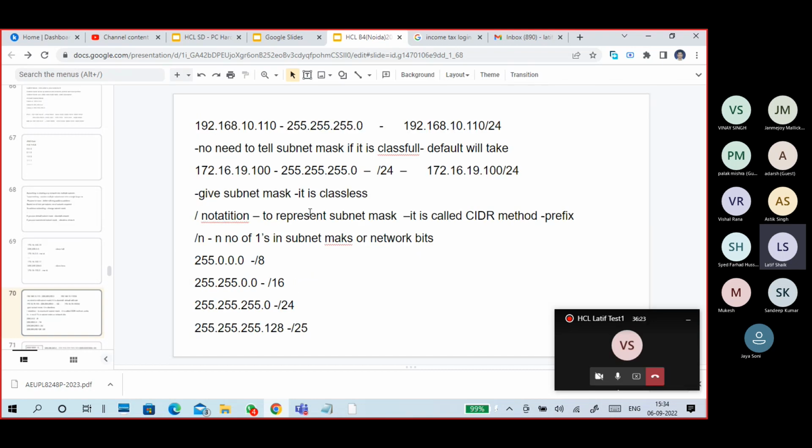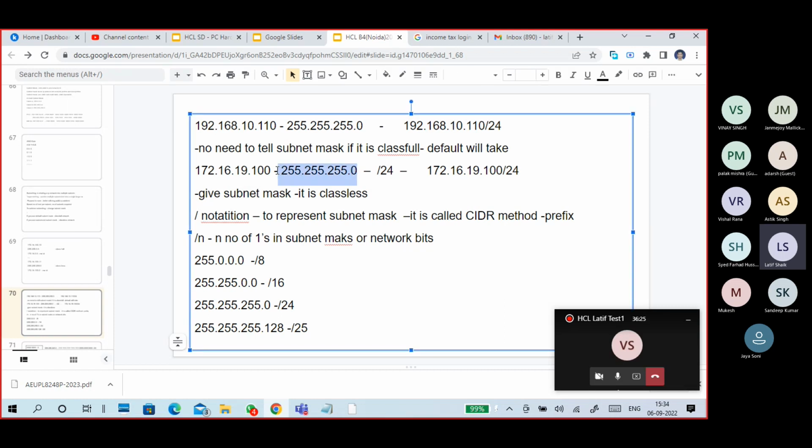Sometimes it is not always okay to write the full subnet mask. So we can represent a subnet mask with a slash notation. What is this slash notation? If we convert this number into binary, that many number of ones you are getting, that is what we are writing here.